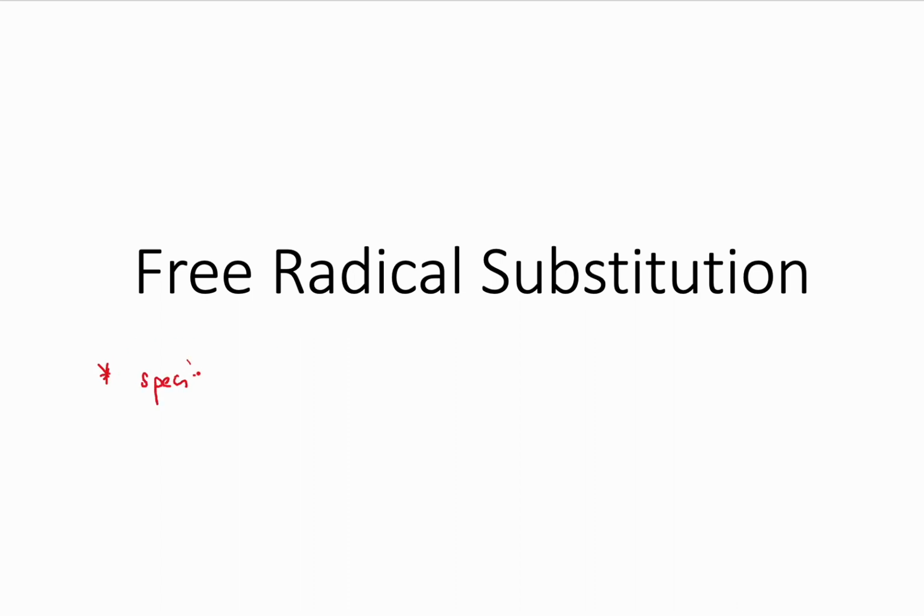A radical is a species which contains one unpaired electron, and the radical is very reactive. Because it has one unpaired electron, it's very reactive, so it will substitute something.